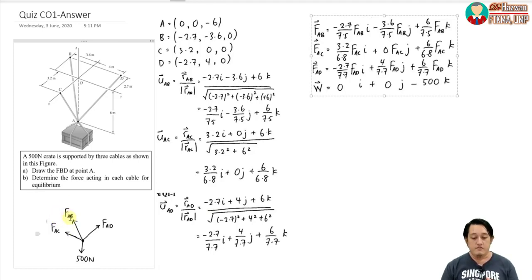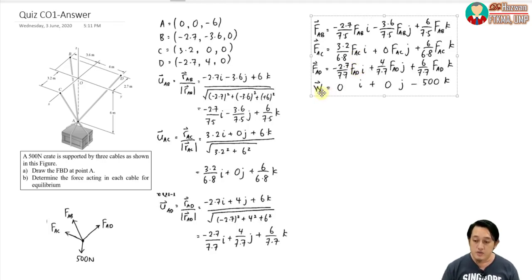FAB is the magnitude of the force. So UAB, the unit vector, multiplied with FAB will be this one. Same for FAC, same for FAD. The unit vector multiplied with the magnitude. We don't know the magnitude yet, of course, because we want to find it. Therefore we label it as FAB, FAC, and FAD.